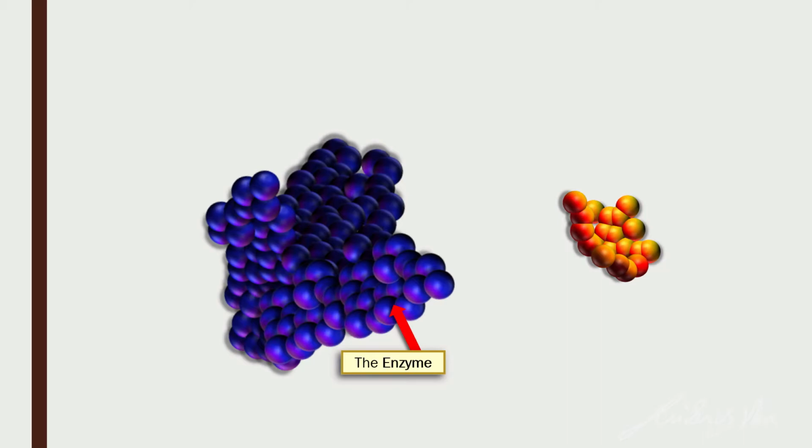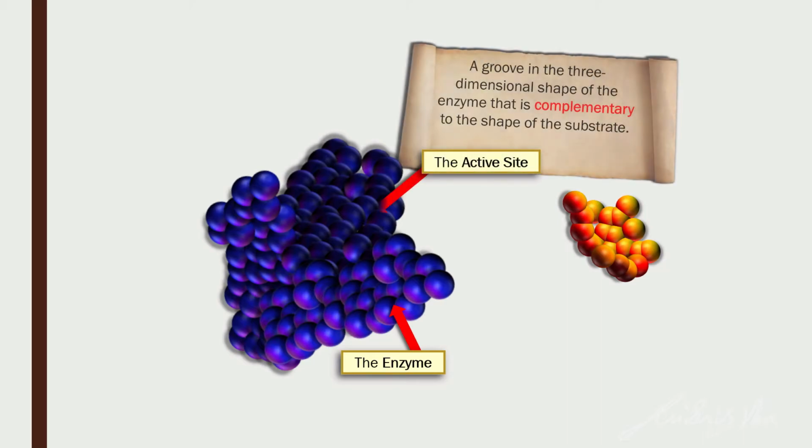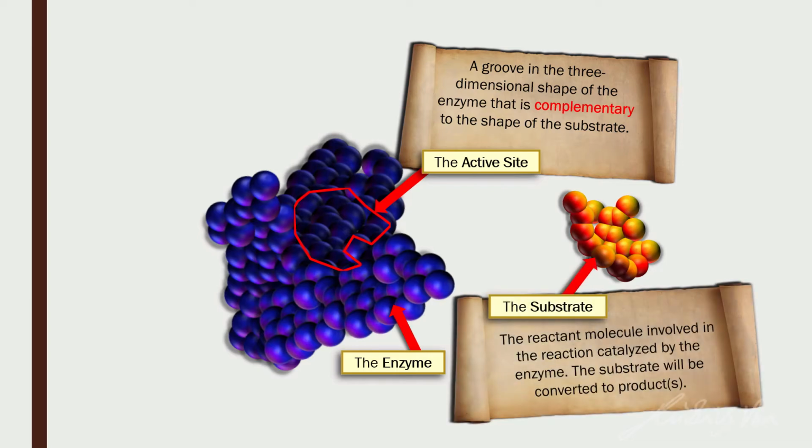So the enzyme is down here, then the active site is down here. The active site is a hole or a groove in the three-dimensional structure of the enzyme. The shape is complementary to the substrate. The substrate, or the reactant molecules involved in the reaction, is catalyzed by the enzyme. The substrate will be converted into products.